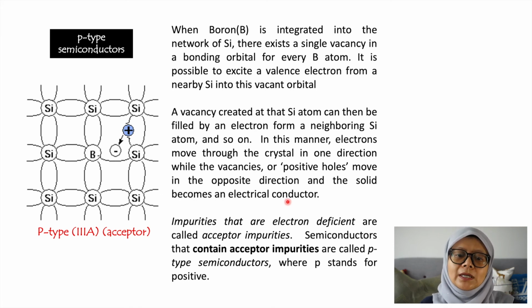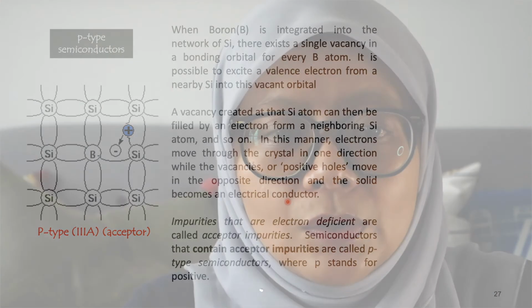The trivalent impurities are electron deficient, and we call them acceptor impurities. The semiconductors that contain these acceptor impurities, we call P-type semiconductors. So that's all for this part 4.